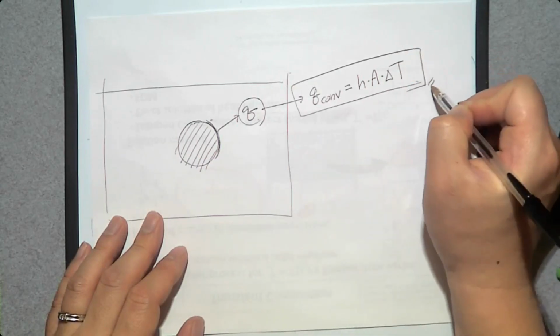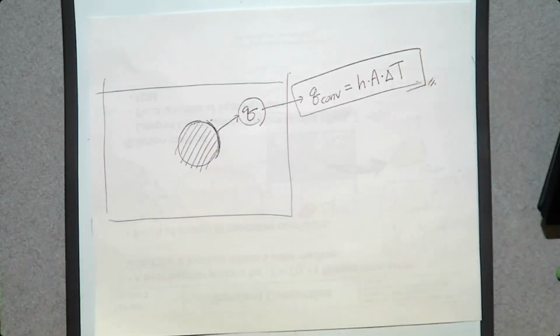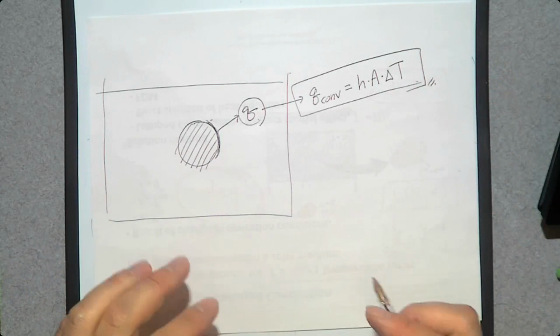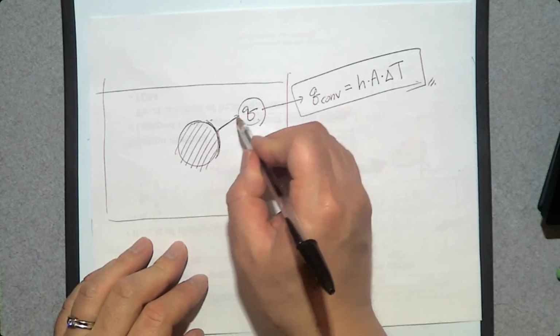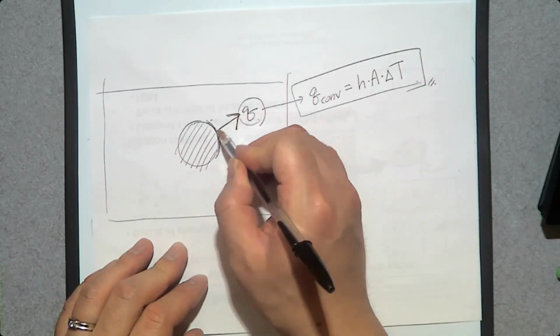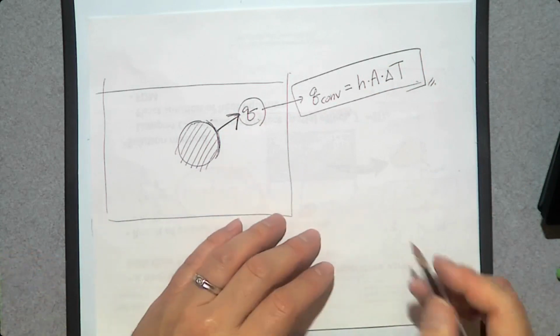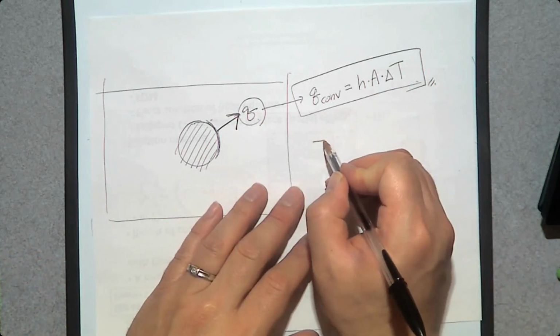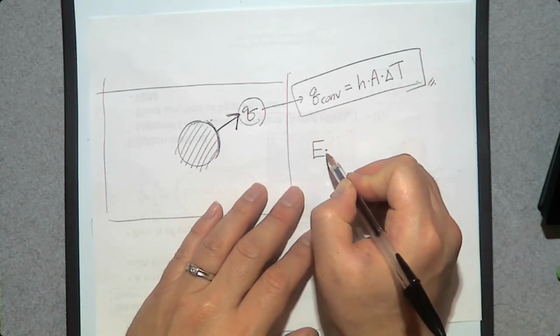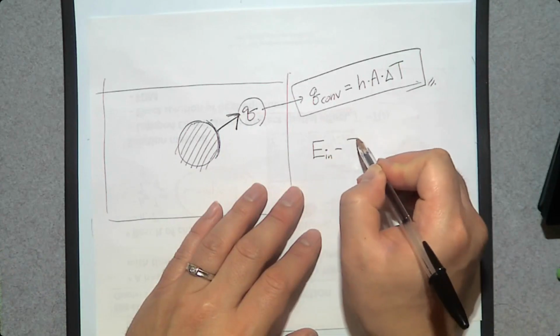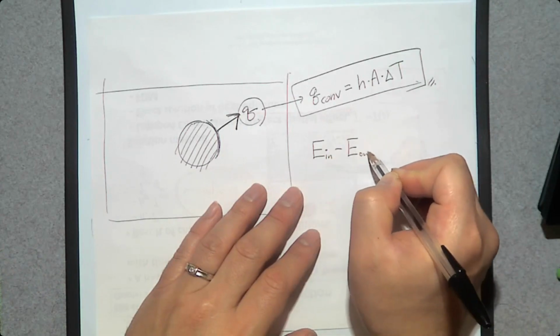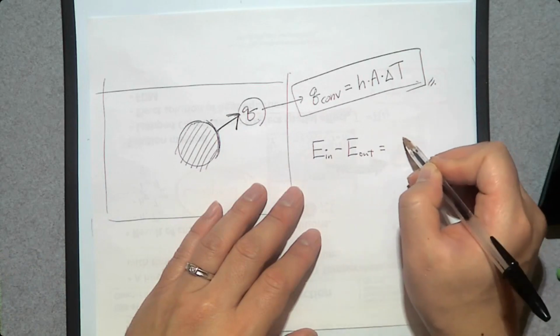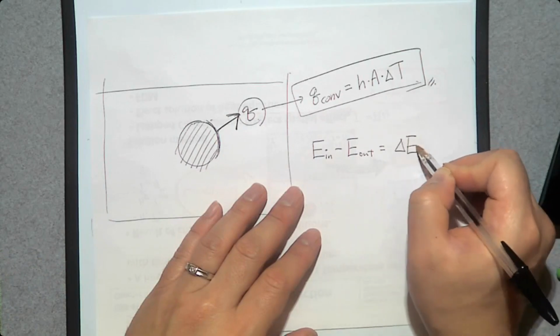Okay, then can we apply the energy balance equation for this heat transfer? Maybe we can. What is the energy balance equation? Energy transfer in minus energy transfer out is going to be the change of energy of a system.